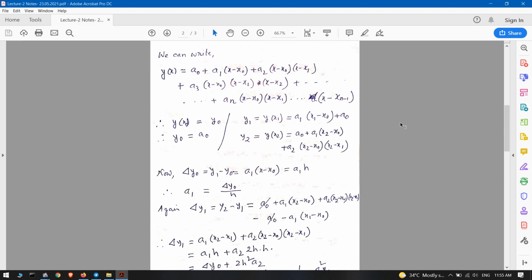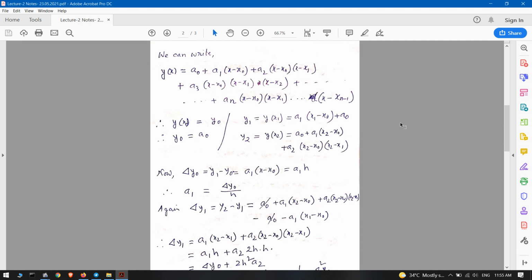The last term, since the last value of x is xn, is an into (x minus x0) into (x minus x1) into (x minus x2) up to (x minus xn-1).